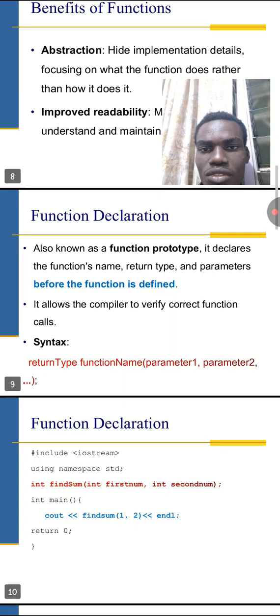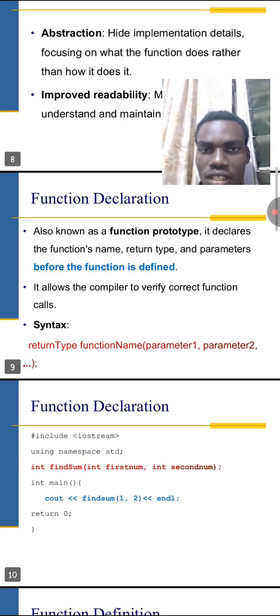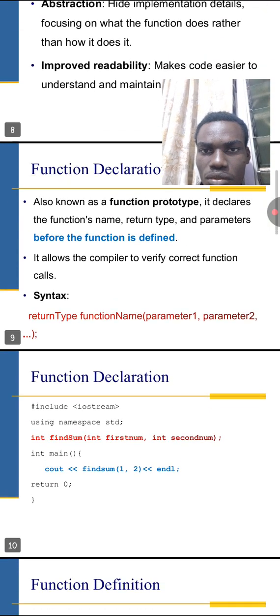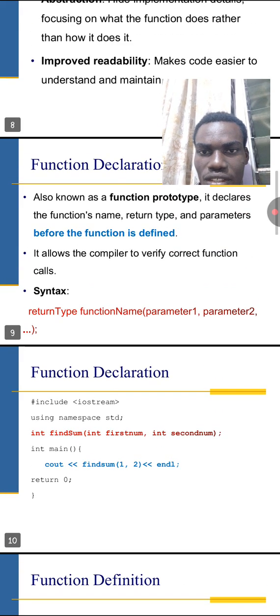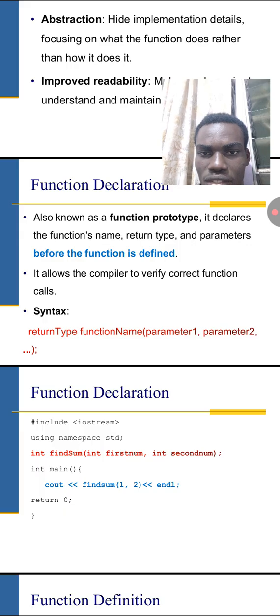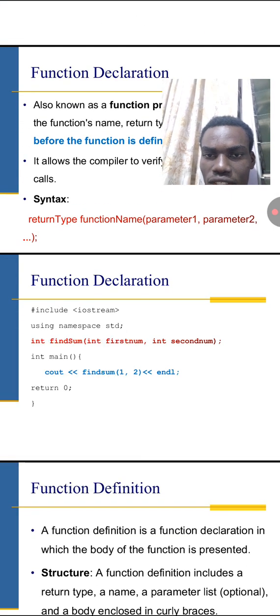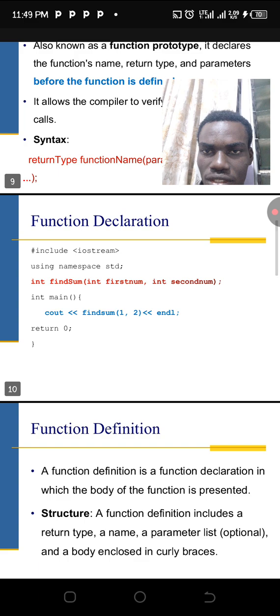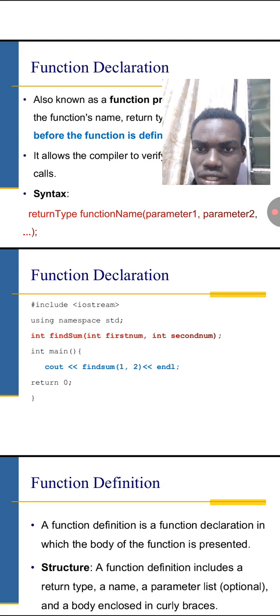Now let's look at how to declare functions. To declare a function, you need to have the return type, and then you also have the function name and the parameters. As an example here, we have the return type, which is the integer.